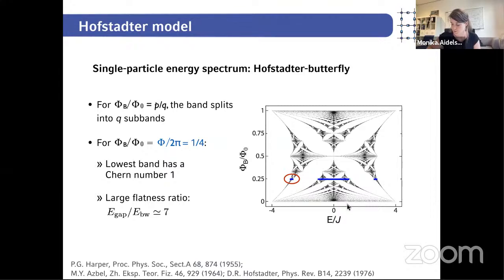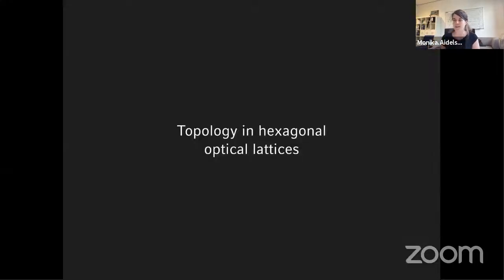All right, so for the second part, I would like to talk a bit more about the topology in hexagonal lattices and explain 2 more measurements on how we can extract the topological or geometric properties of these particular energy bands.